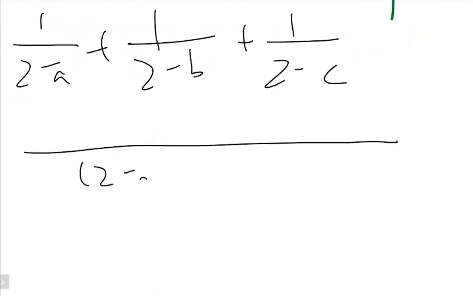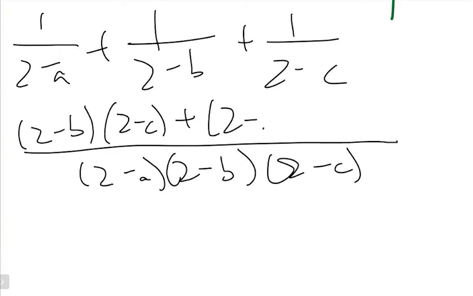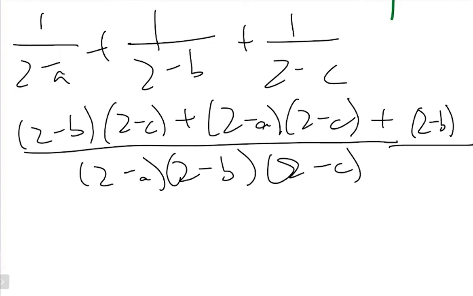So the common denominator is 2 minus a times 2 minus b times 2 minus c. And the numerator is 2 minus b times 2 minus c plus 2 minus a times 2 minus c plus 2 minus b times 2 minus a, right?